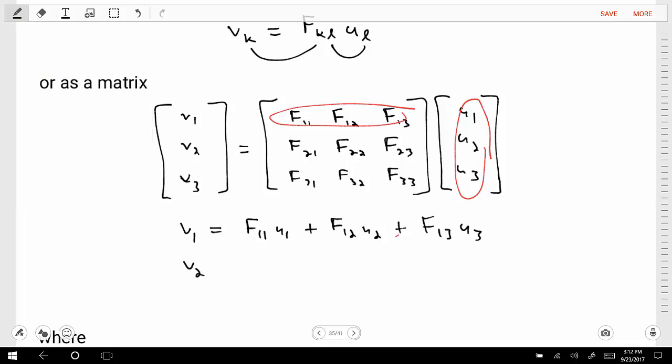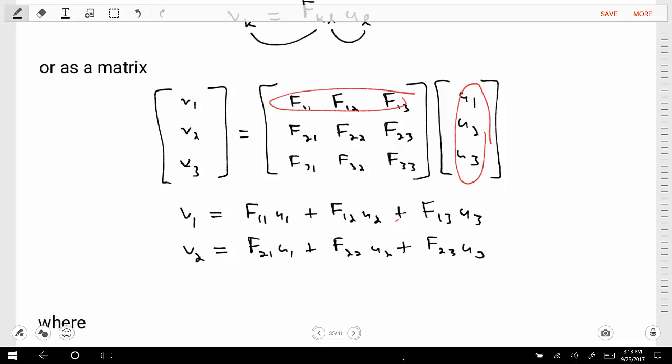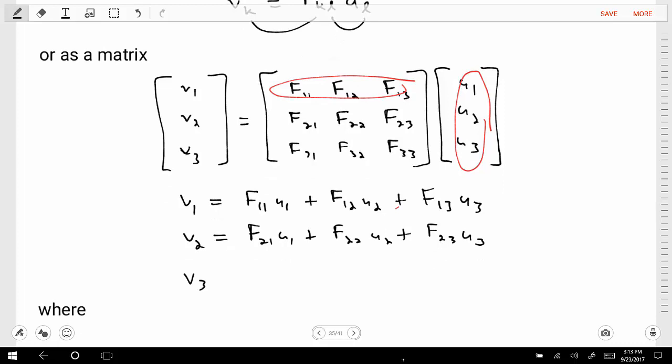And we can repeat this process: F21 u1 plus F22 u2 plus F23 u3. Each of these rows times a column gives us the row term v1. Similarly, this times a column is v2, and this times a column is v3.